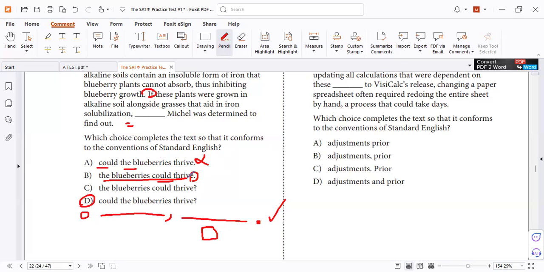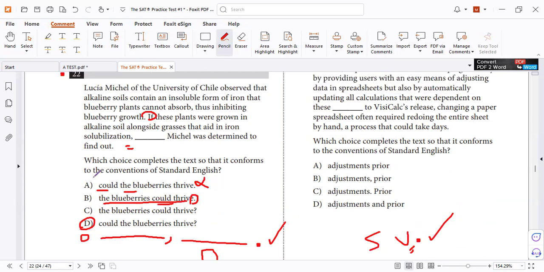Let's learn this trick. I told you before that we can have only a subject and a verb, and it's a complete clause. Why? Because this verb is intransitive. It does not need any object, and it can be like that. So letter B is correct. Yes or no?